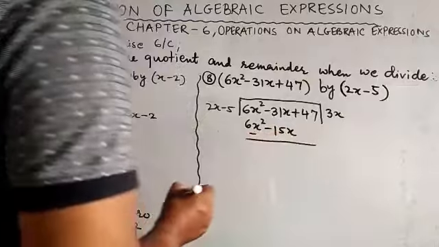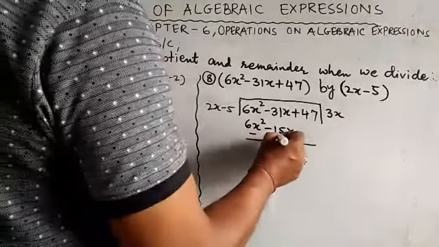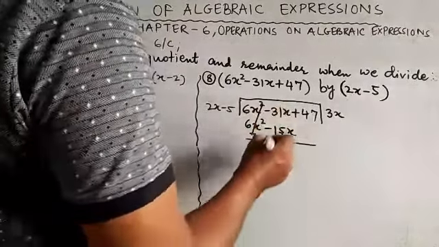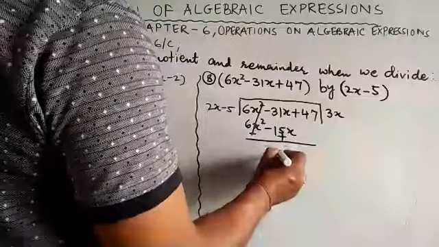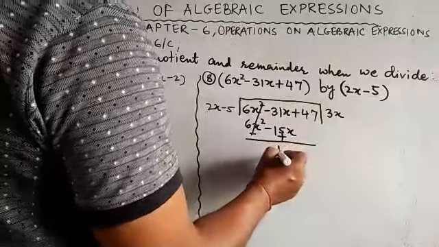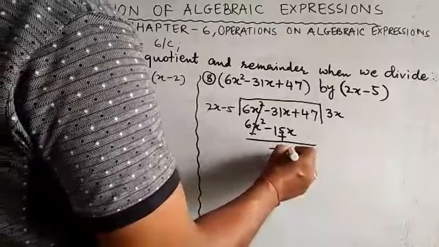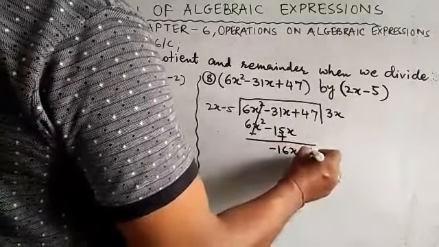Now here we have to subtract them. Cancelled. Now it becomes minus 16x plus 47.